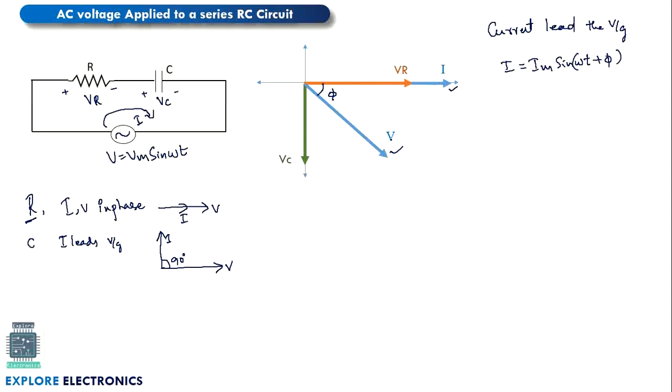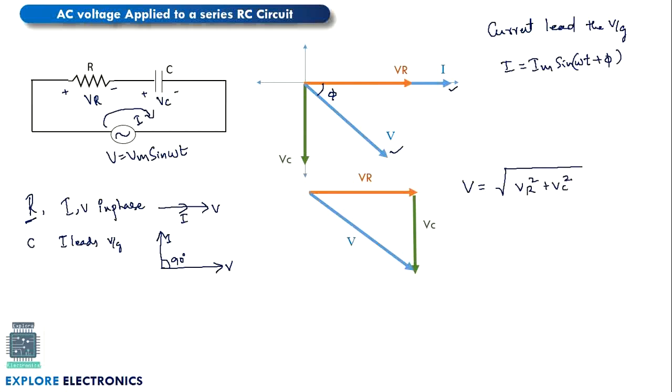If we write the voltage triangle by considering these three, I put VC here and this is V. So the total V is equal to the square root of VR squared plus VC squared, and the angle between current and voltage is phi. The expression for phi is tan inverse of VC divided by VR.